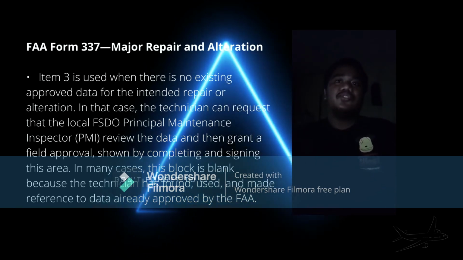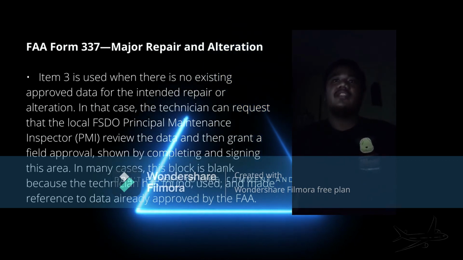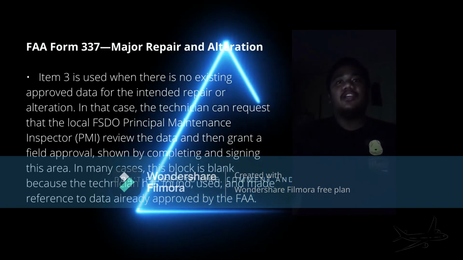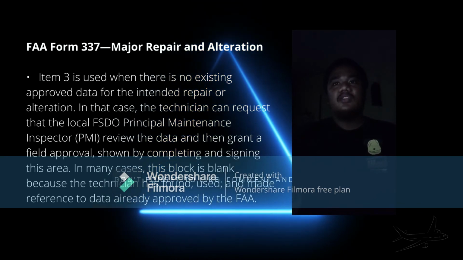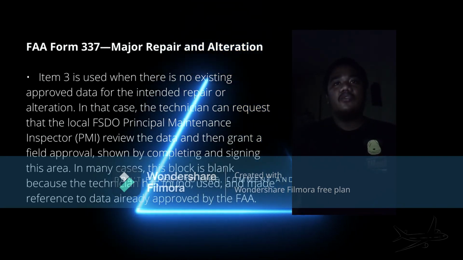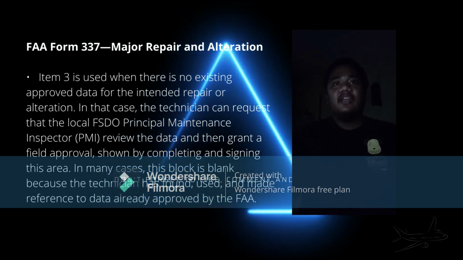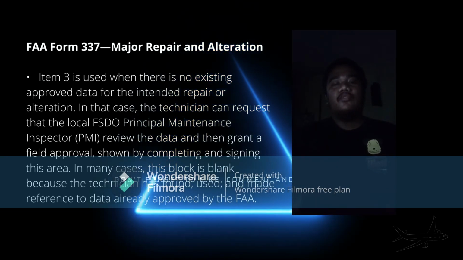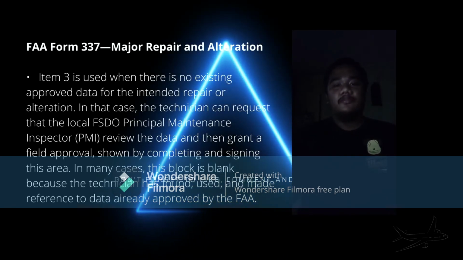Item 3 is used when there is no existing approved data for the intended repair or alteration. In that case, the technician can request that the local FSDO Principal Maintenance Inspector review the data and then grant a field approval shown by completing and signing this area.